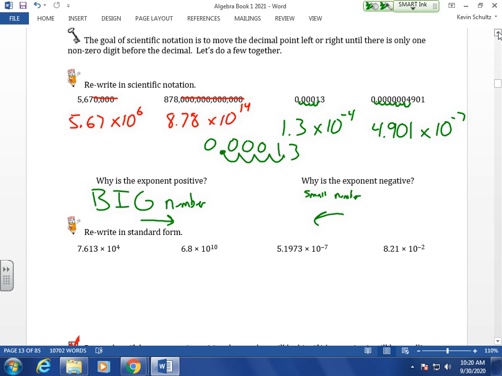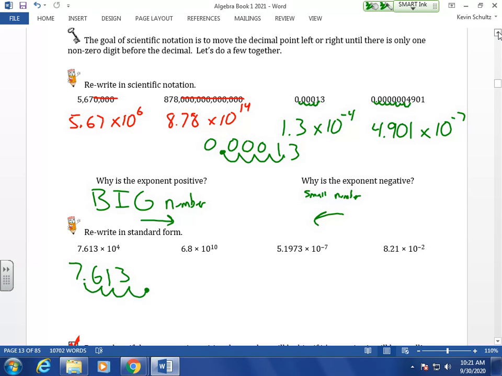So the bottom section here, where it says rewrite in standard form, 7.613 times 10 to the fourth, which direction am I moving the decimal point? Right or left? To the right. And how many times? Adam? 4. So 7.613, moving it to the right 4 times. 1, 2, 3, 4.